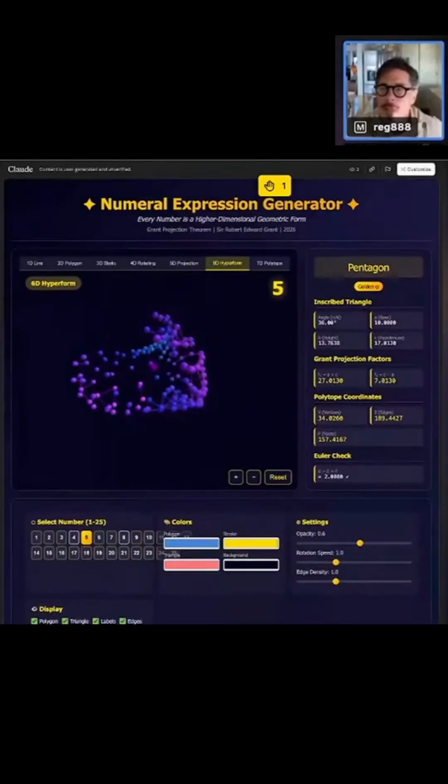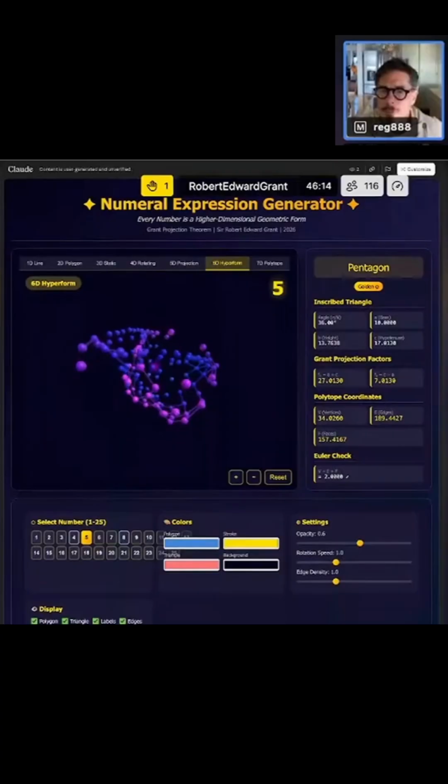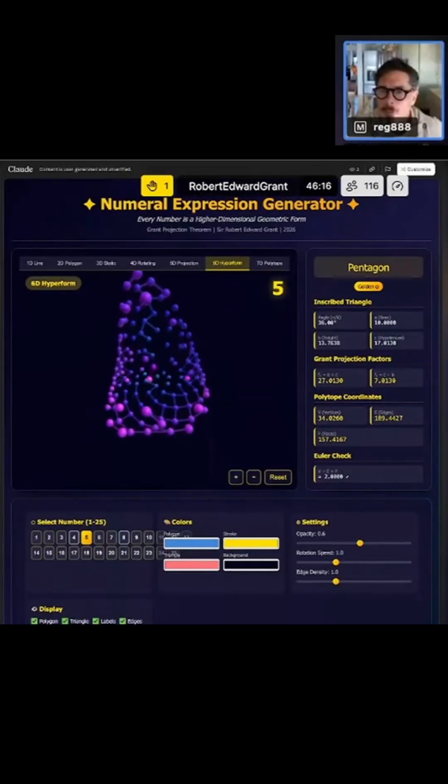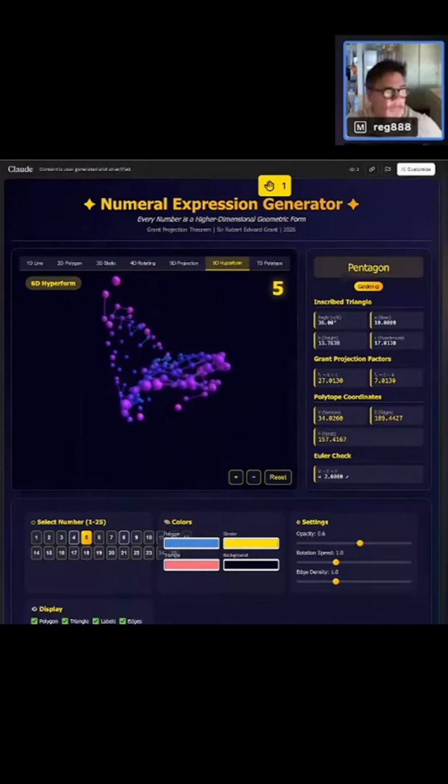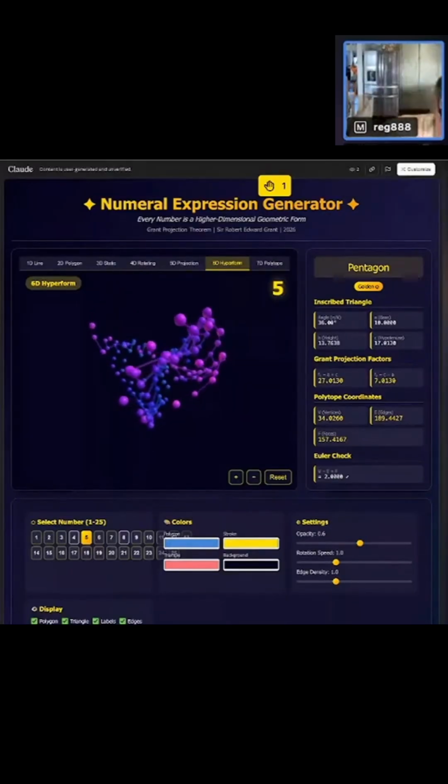So basically what came in next was, I started looking at this from the standpoint of, there we go, this. So this is the way that academia thinks about higher dimension.